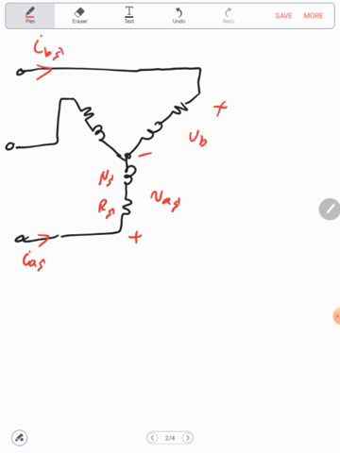So this will be the VBS. And in the same fashion, this is RS and NS. And this is the CS terminal, so ICS. And this will be the VCS. And this is the R, and this is the N.